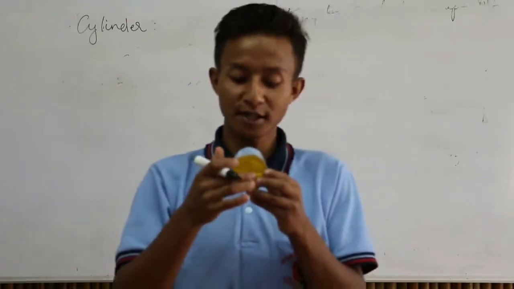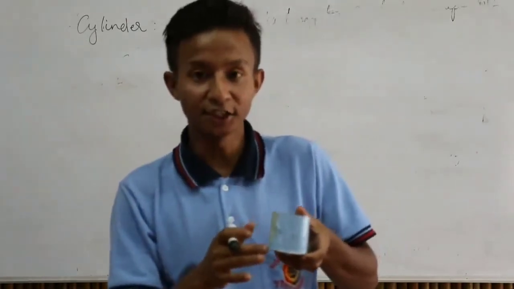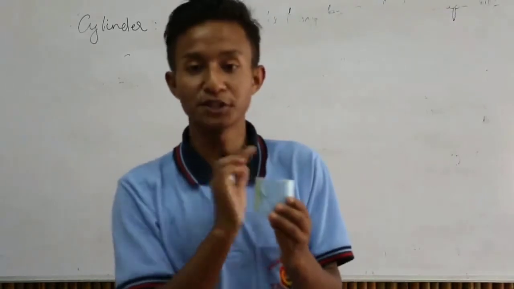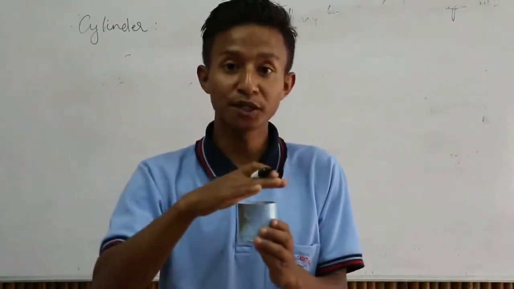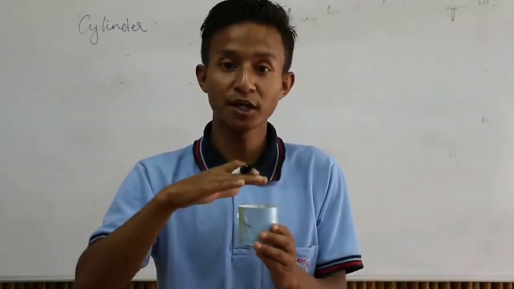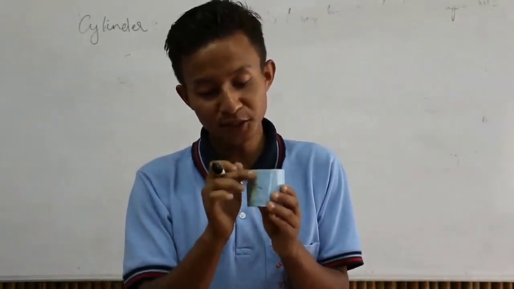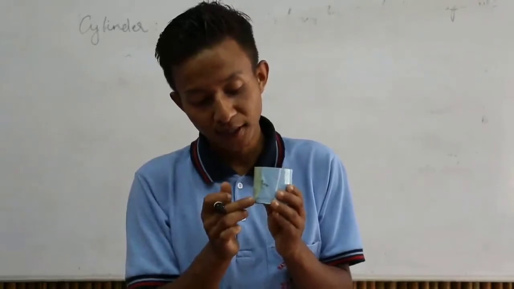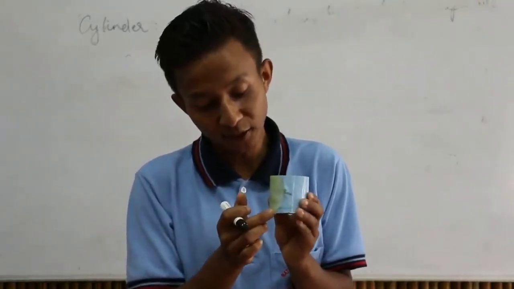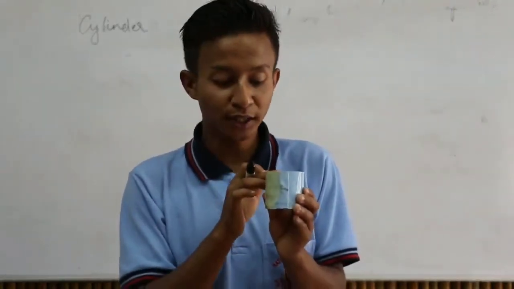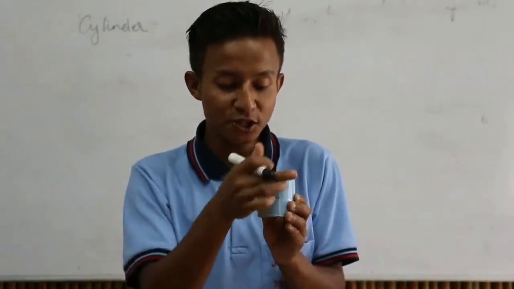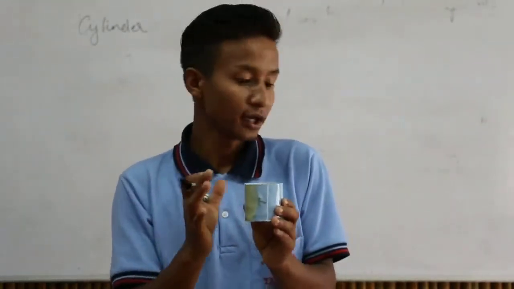This is of radius r, and this is of height h. As in the case of a cuboid, to find the volume, we slice this object, right? The space occupied should be counted. As the height of this object is h, we try to slice this object into h number of pieces.